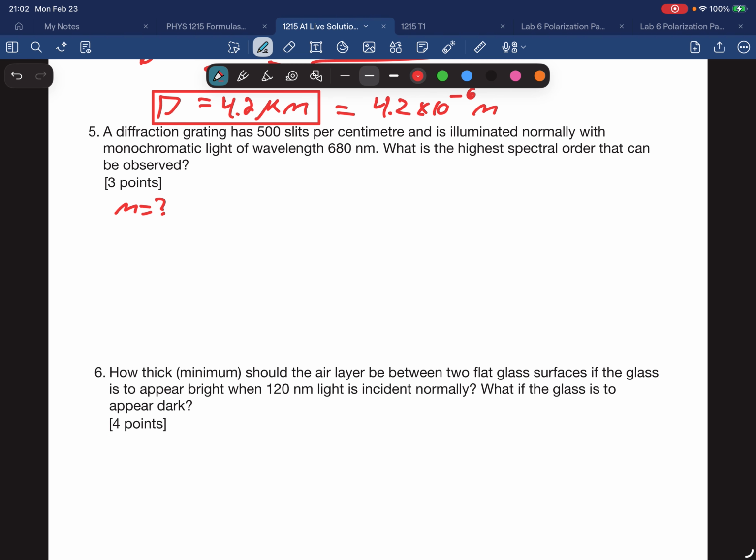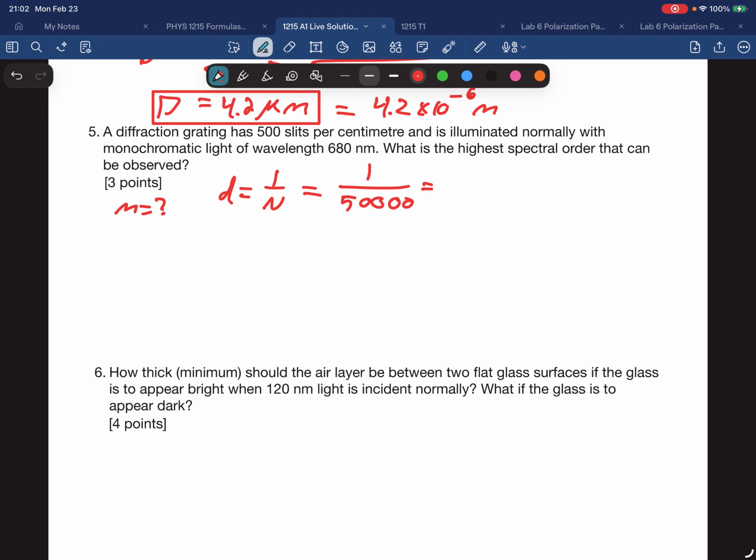Something we need to do first with any diffraction grating question like this is we need to figure out what the slit spacing is. And to do this, we take 1 over the number of slits per meter. So here we have 500 slits per centimeter. Now there are 100 centimeters in a meter, so we multiply this by 100, and we end up getting 2 extra zeros there.